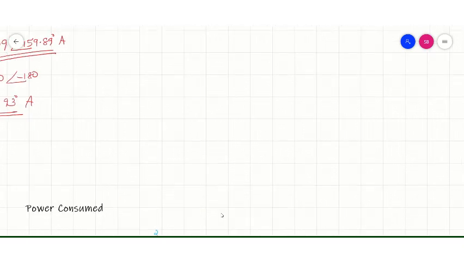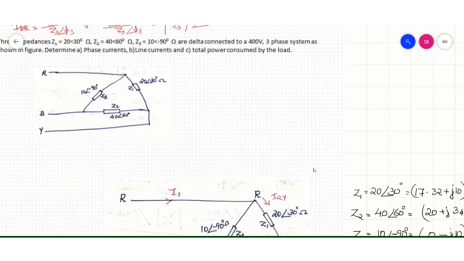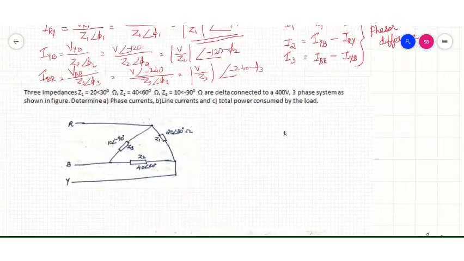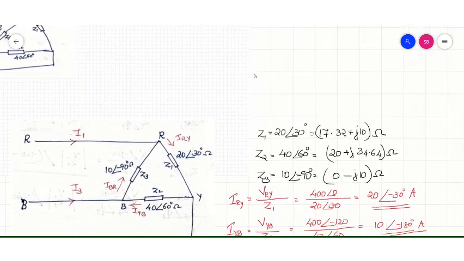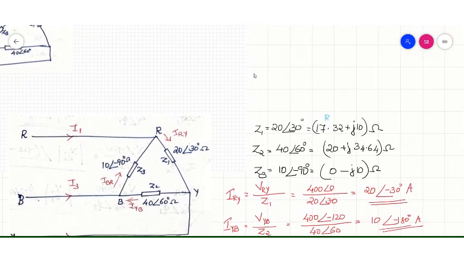We have to find the value of R1 here. This is R1, X1, R2, X2, R3, X3. R1 is 17.32.